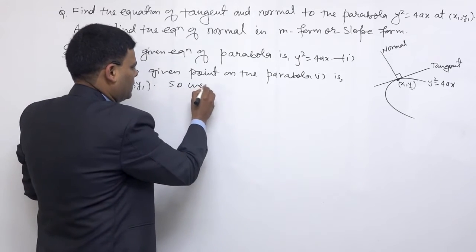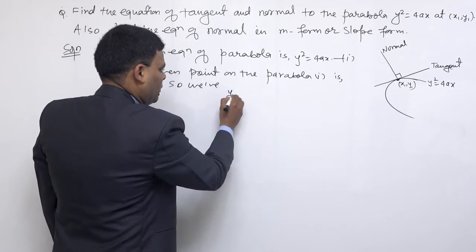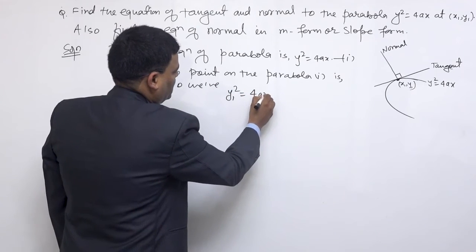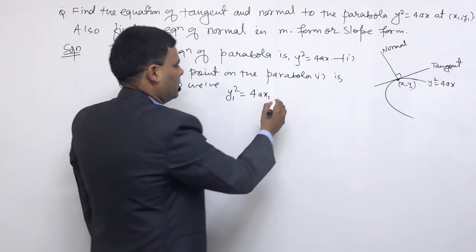So we have y1 square equals to 4ax1. Let it be 2.